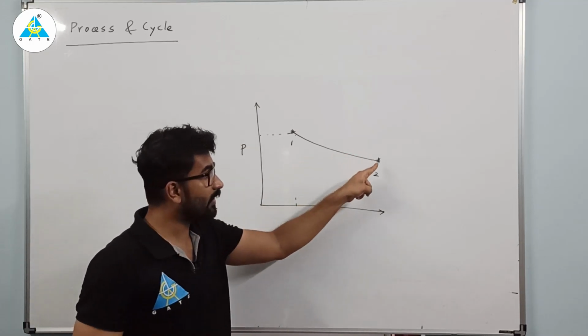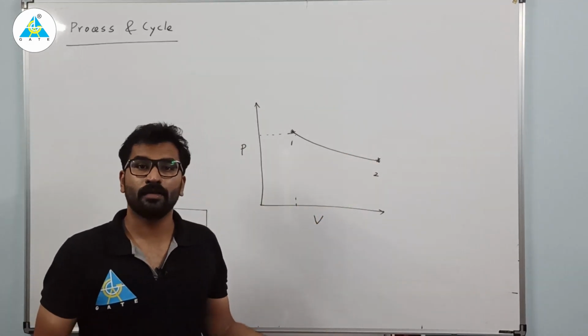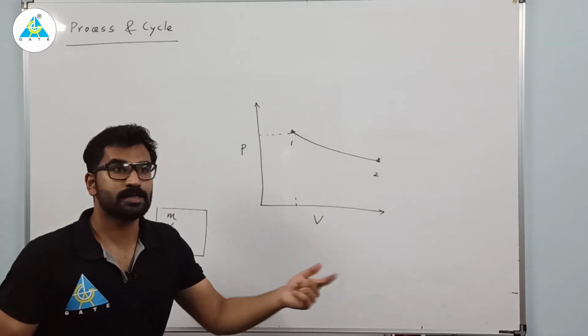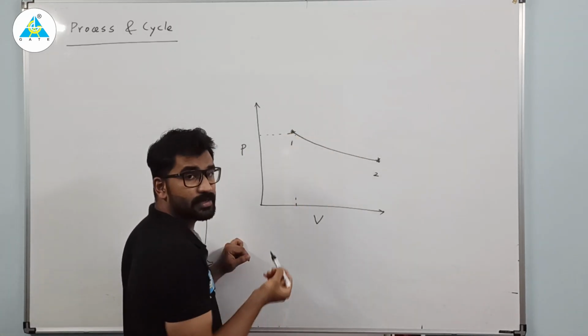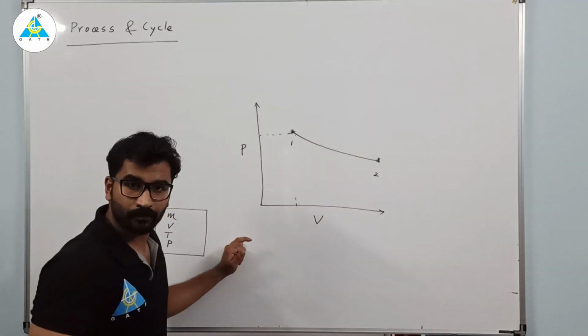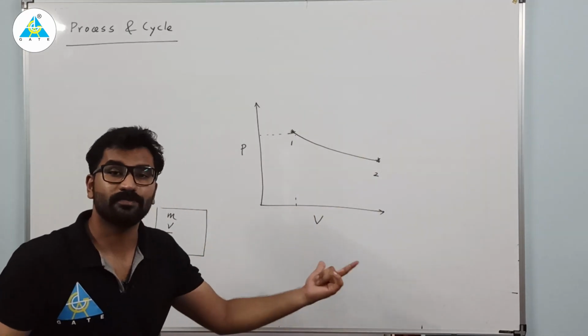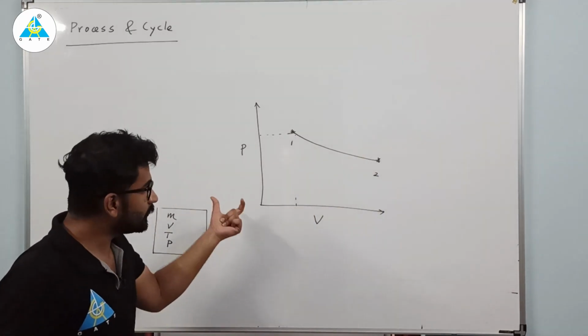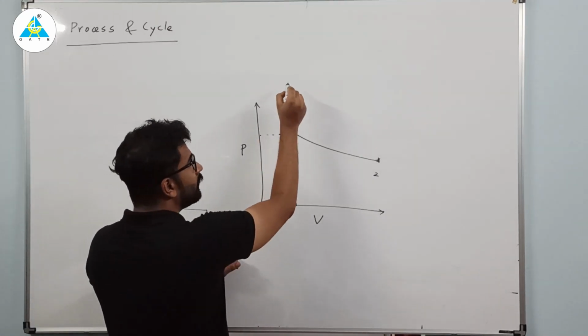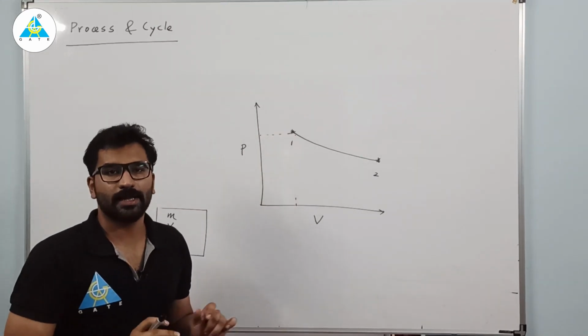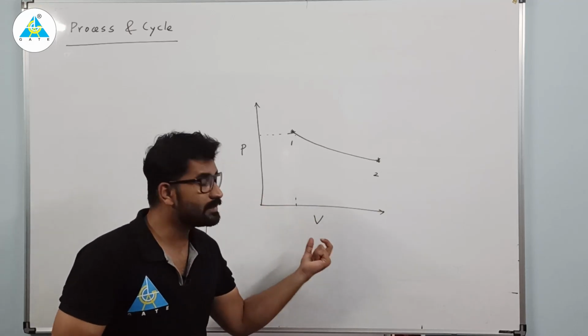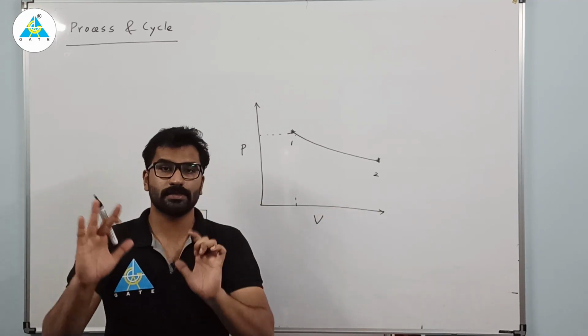Second state, you have a new pressure value, you have a new volume value. If it is an isobaric process, this line will come as what? Straight line. Isobaric process. If it is a constant pressure process. Clear? So this type of diagram is called a process diagram, right? These are drawn to visualize the process.